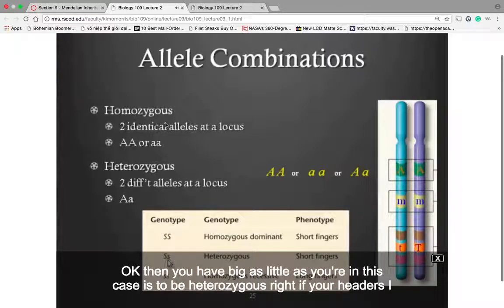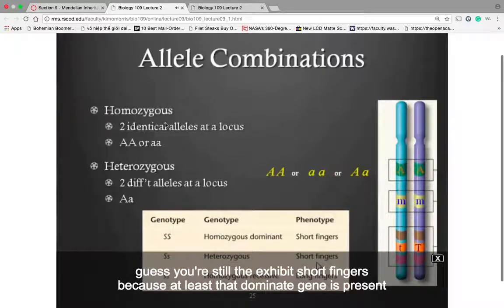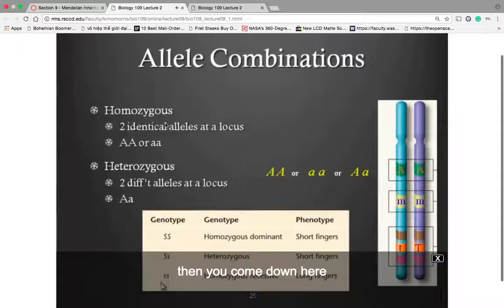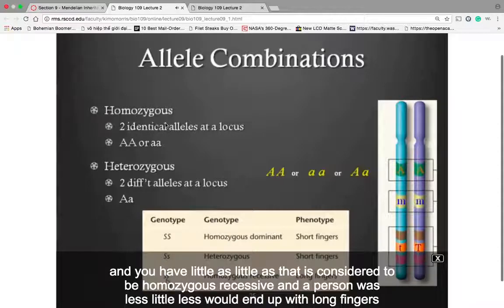Then you have big S, little s here. In this case, this would be heterozygous, right? If you are heterozygous, you're still going to exhibit short fingers because at least that dominant gene is present. Then you come down to here and you have little s, little s, that is considered to be homozygous recessive, and a person with little s, little s would end up with long fingers.